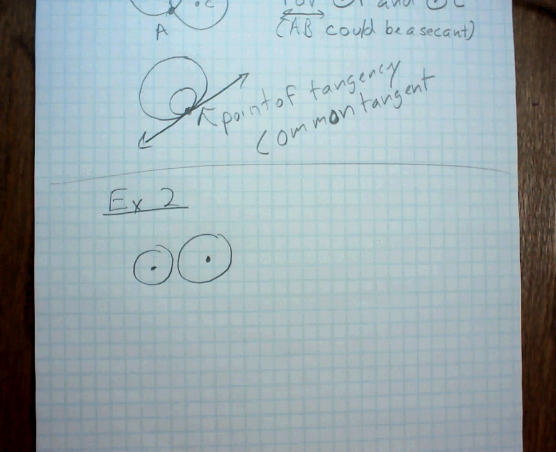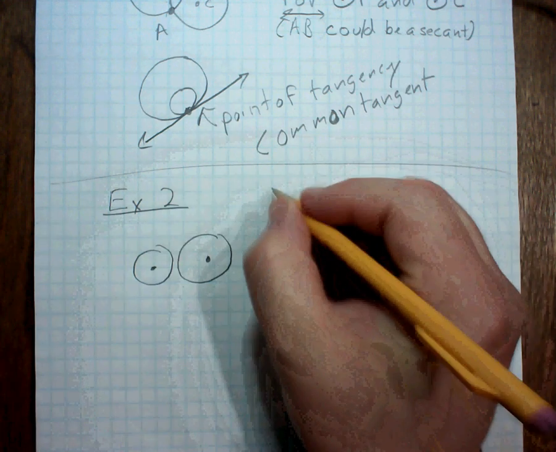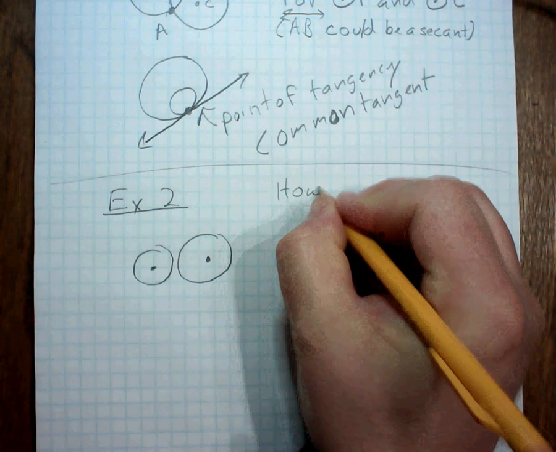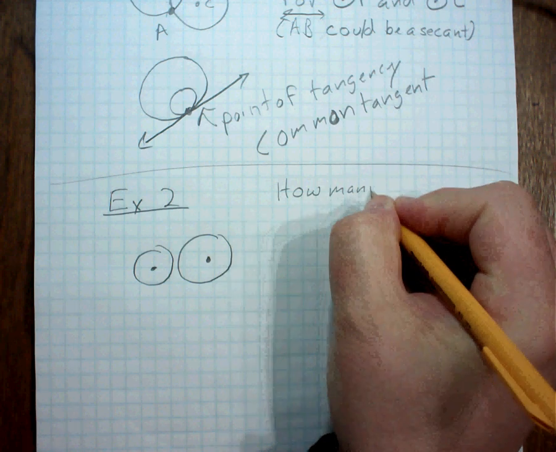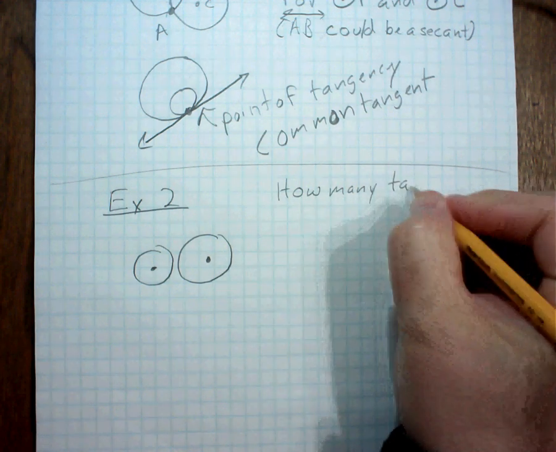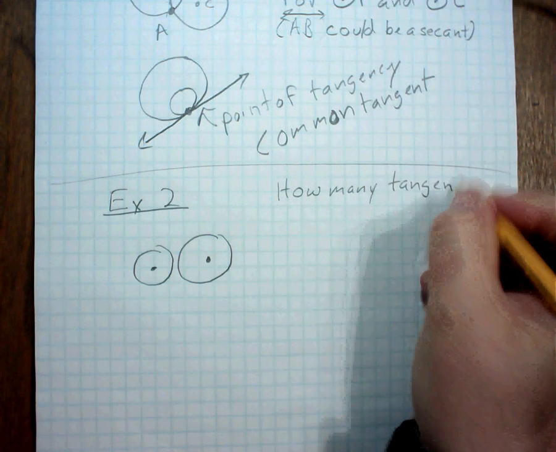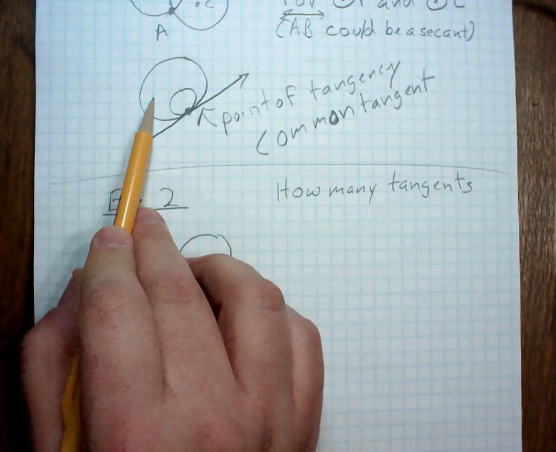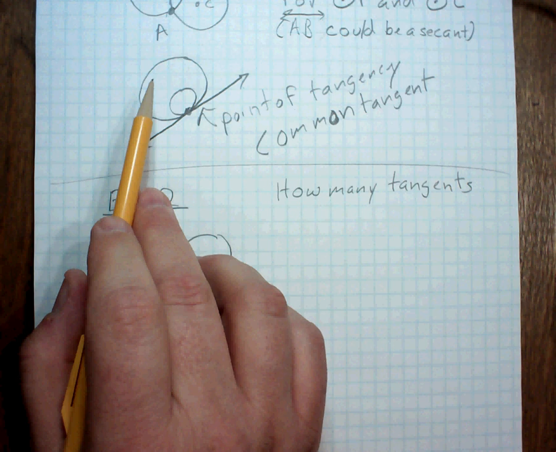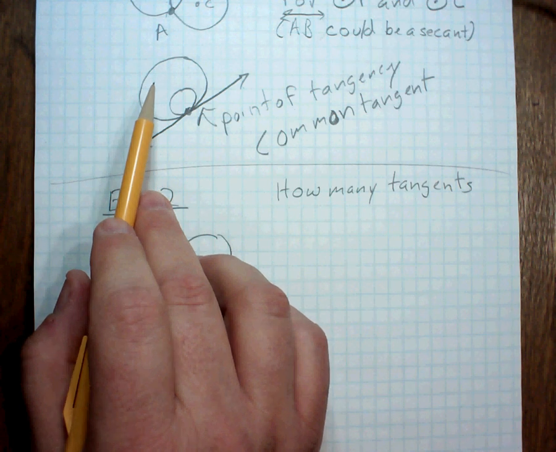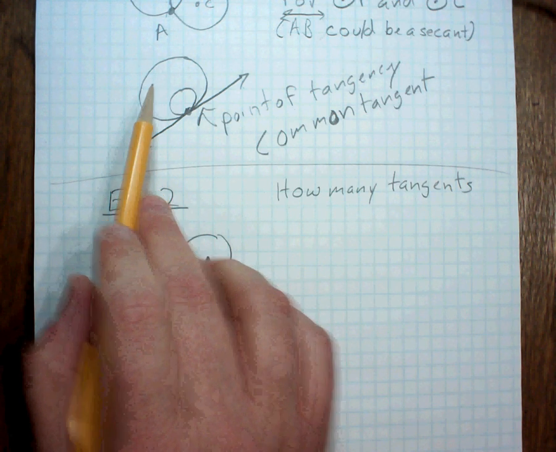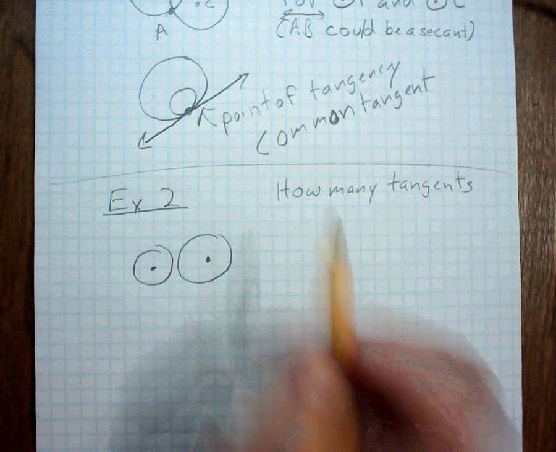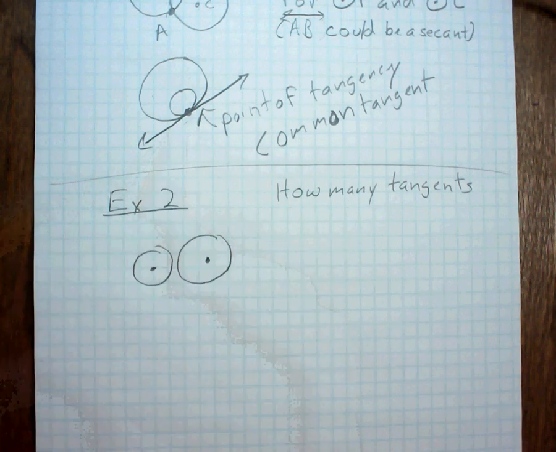And then we have to determine if they're internal or external tangents. So how many tangents? Now this might throw you off because it's not the exact same as the example I gave you.